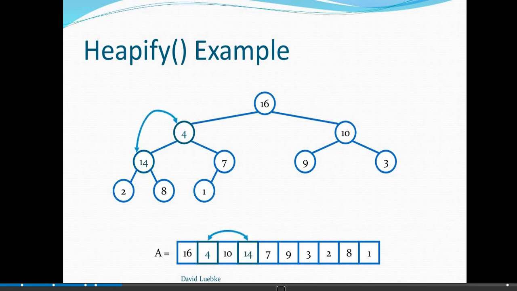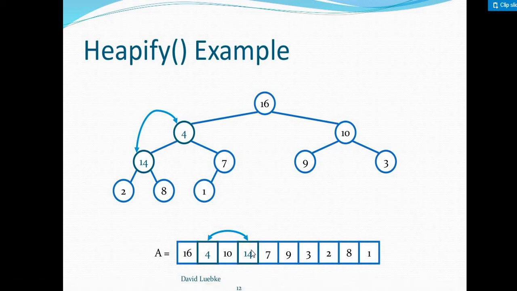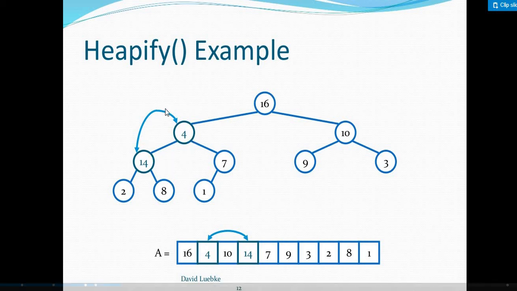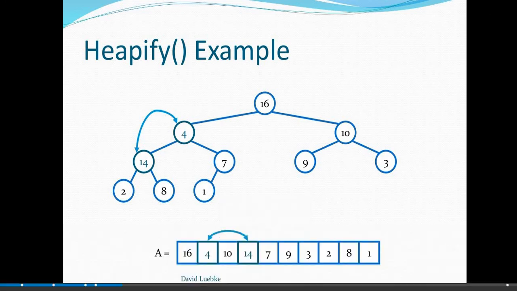But this 14 is greater than its parent node, so we'll swap this 14 in this particular way. Why? Because we are applying the Max-heap method, and that number should always be greater in size. This is the method of the Max-heap.